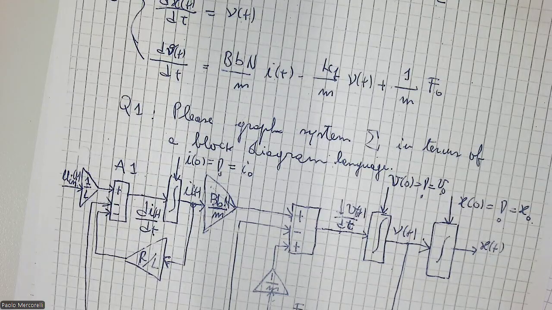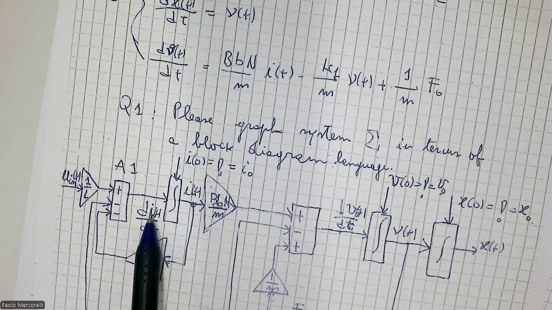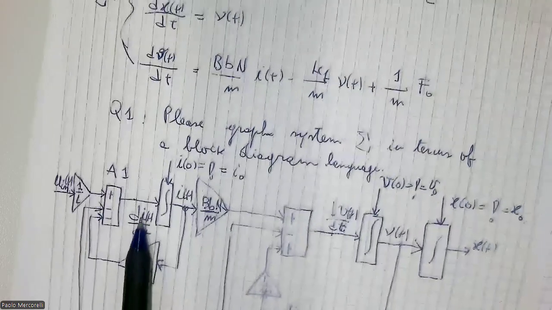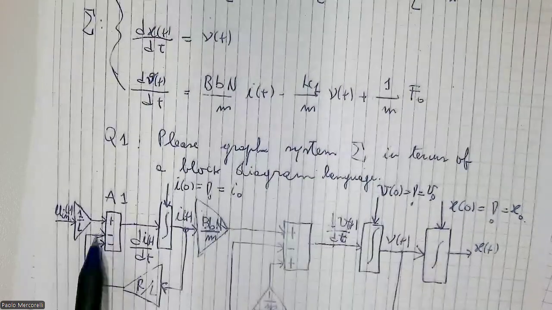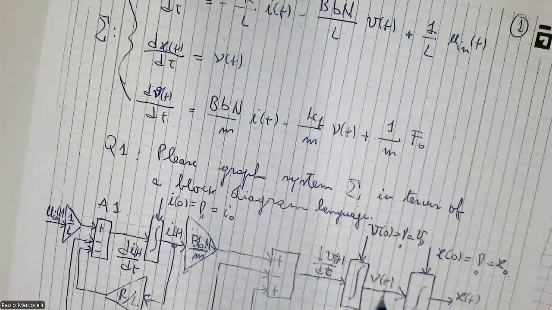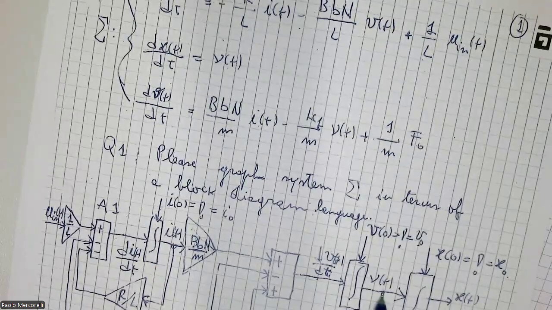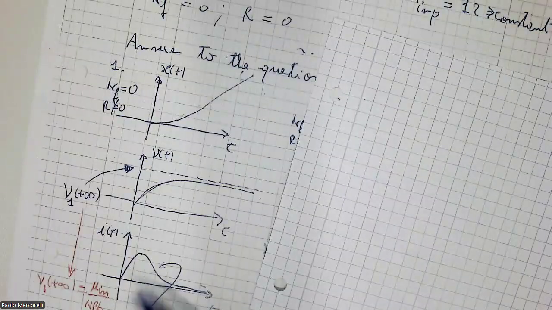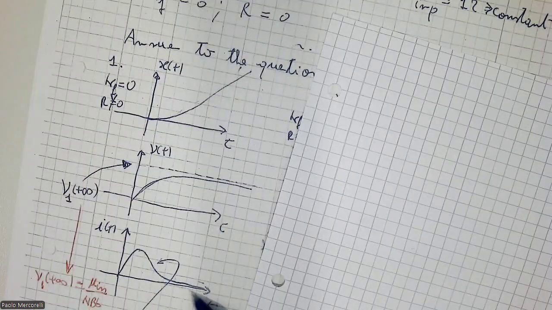Because of this feedback here, we nevertheless try to limit the current, the derivative of the current, because here we have zero, but it could also be negative. We can see here that we can increase a lot. The derivative is negative.